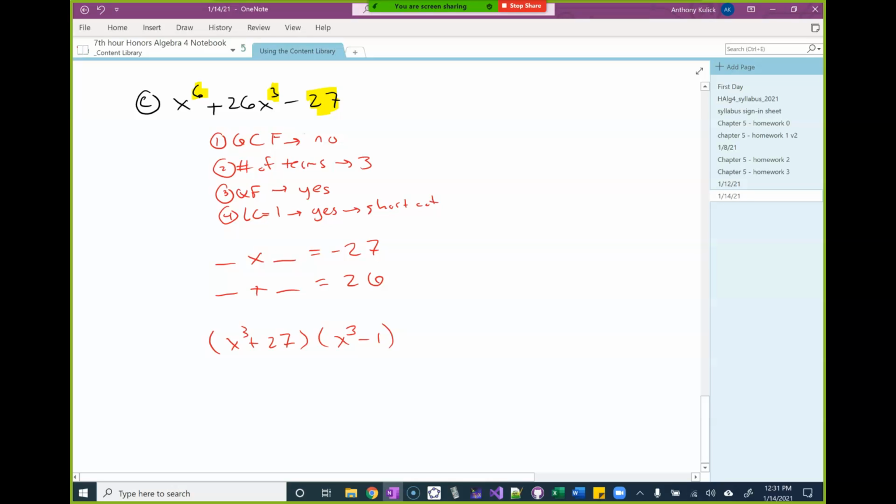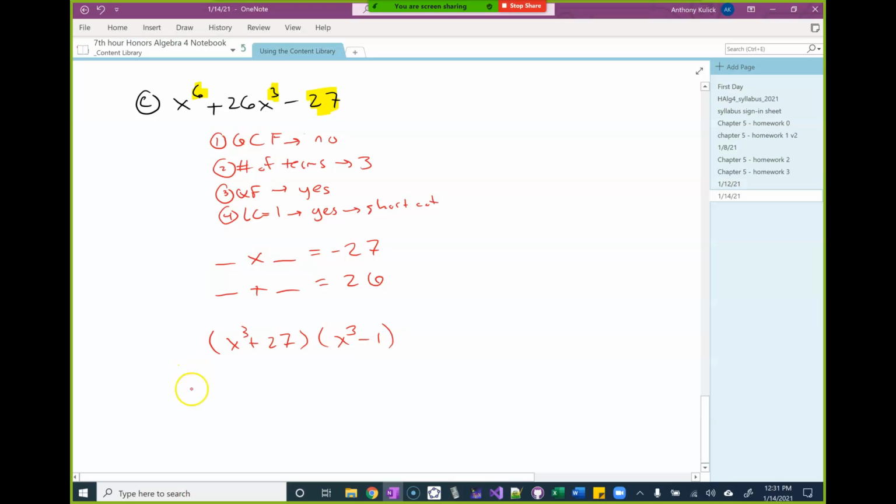All right. So now we have to check each one of these factors to see if we can do more. They're each 2 terms, so we start by looking for a difference of 2 squares. X cubed plus 27, is that a difference of 2 squares? No way. There's nothing difference of 2 squares about it. Next we look: is it a sum or difference of 2 cubes? Certainly looks like it.